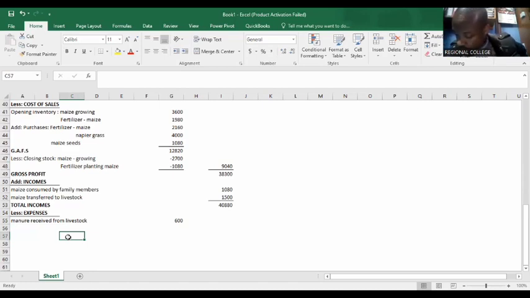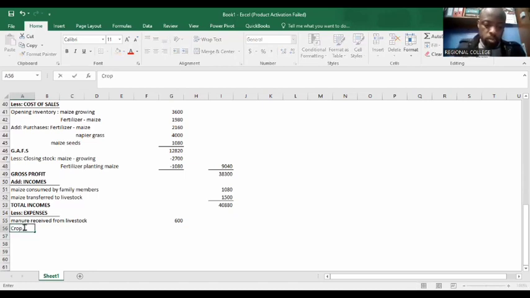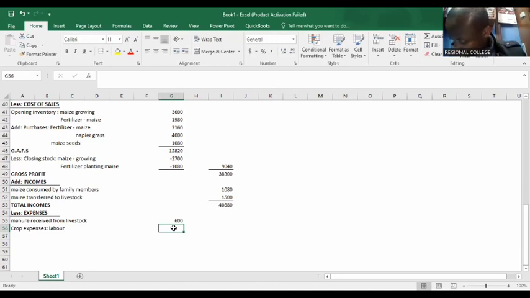So we have crop expenses in the trial balance. We have labor, other expenses, and we have Napier grass labor. So crop expenses, we have labor. The first one is labor of 6480.